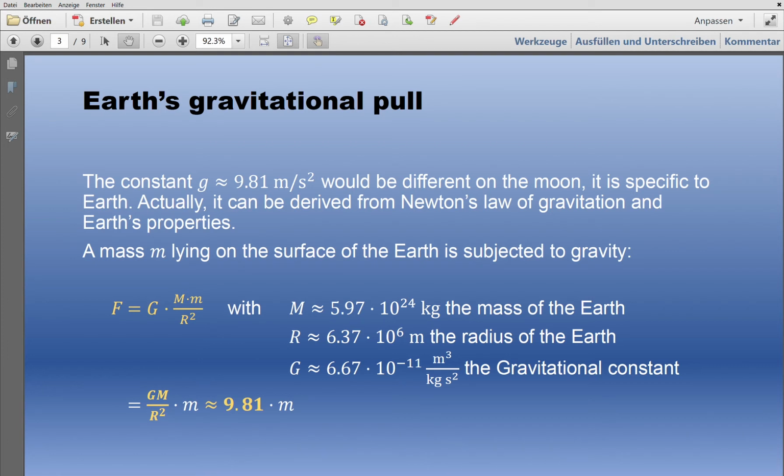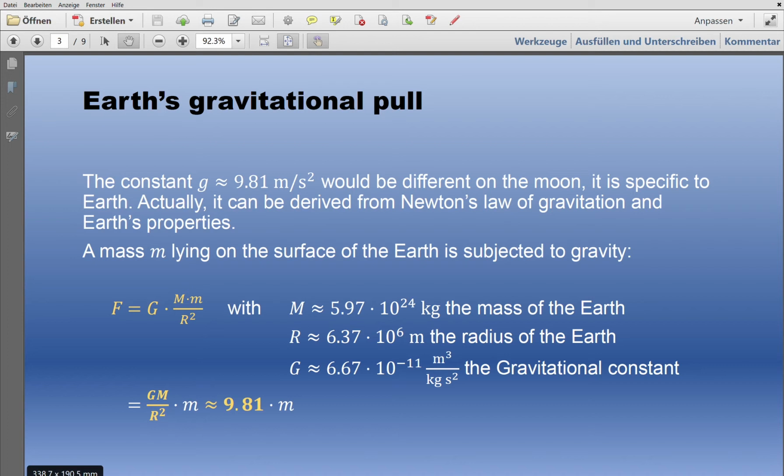If we have a force by gravitation, it is capital G, not Earth, but the general gravitational constant, times the product of the two masses, one being Earth, the other being our test mass, divided by r squared, their distance squared.